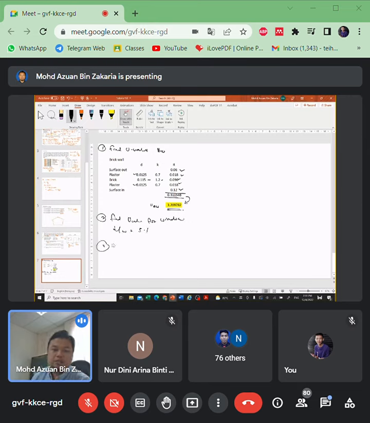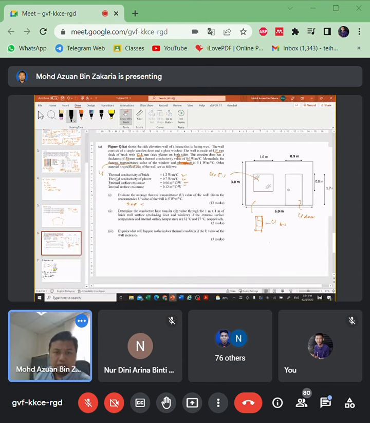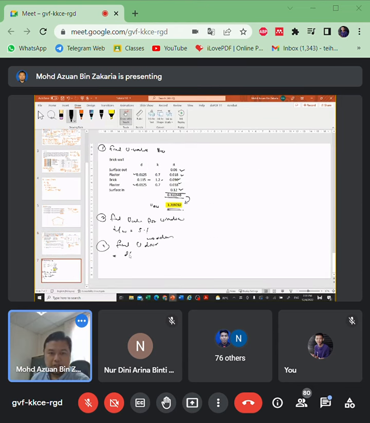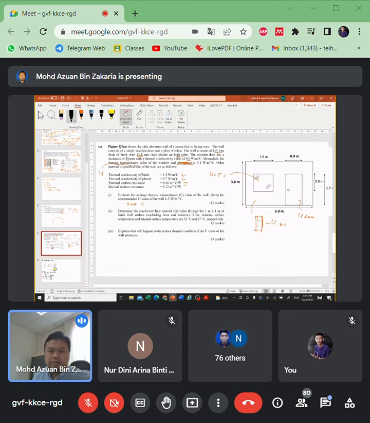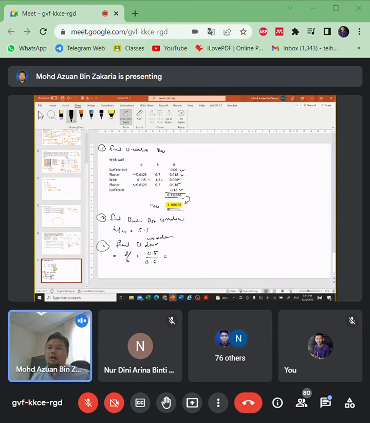And lastly, three, find U value for door, wooden door. So we have thickness of 50 millimeter with 0.6. So D over K, 50 millimeter, which is 0.5, and then 0.6 K. This will result to 12, I believe. You can calculate later.